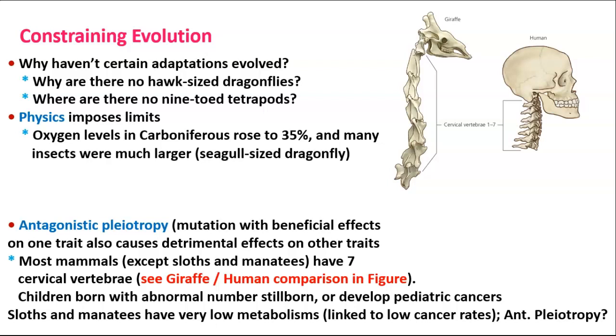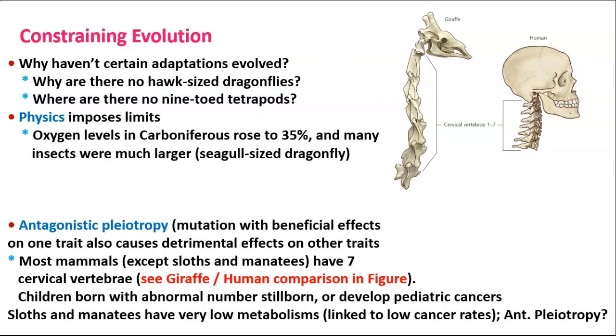For example, why are there no hawk-sized dragonflies flying around? Why are there no nine-toed tetrapods? Tetrapods all have a maximum of five toes, and in some lineages that's been reduced to a fewer number. But why not more? Well, physics imposes some limits.